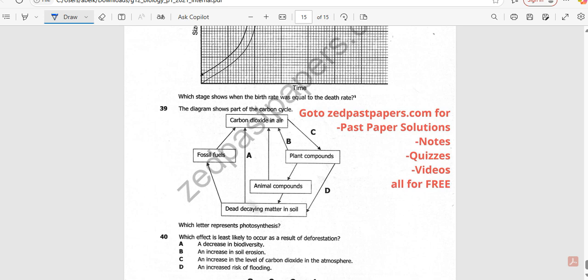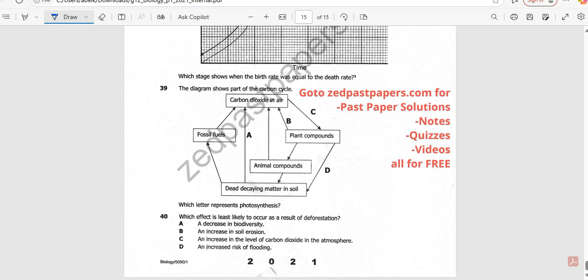The diagram shows part of the carbon cycle. So carbon in the atmosphere, fossil fuels, dead decaying matter in soil, animal compounds, plant.